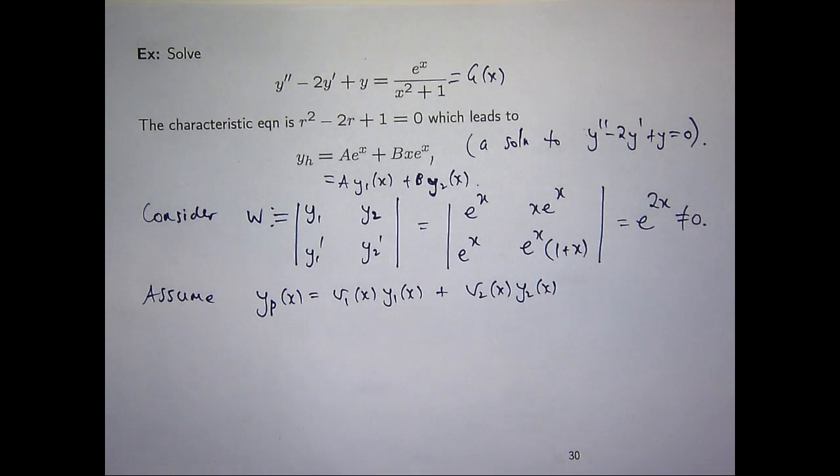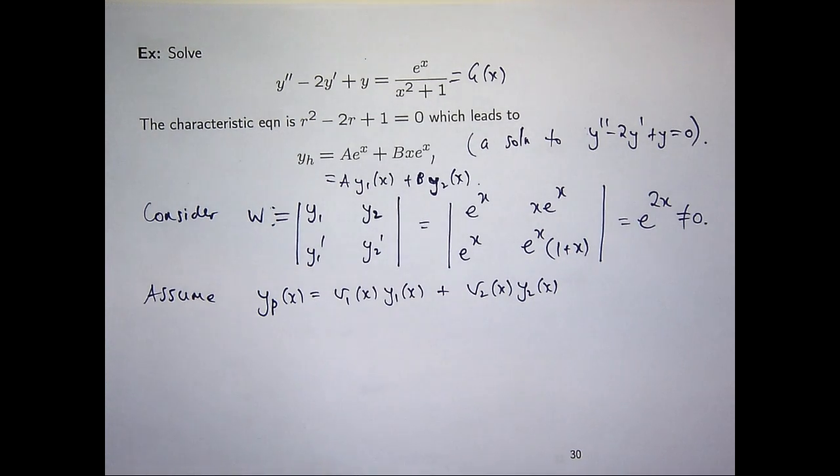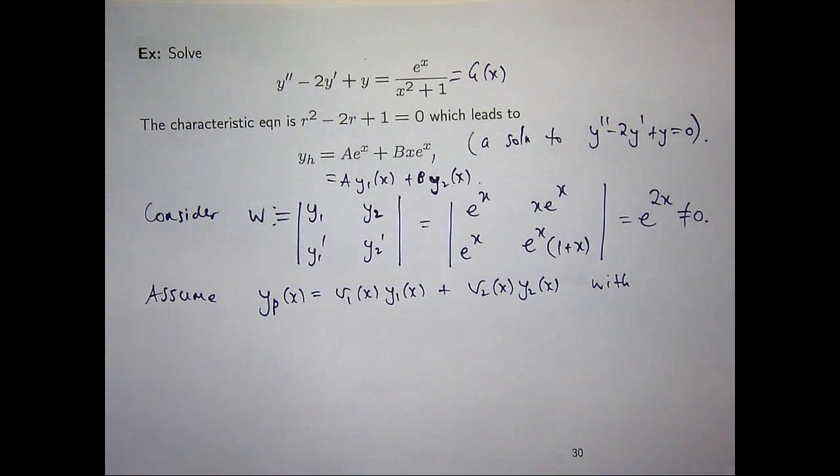So what we want to do is build these coefficient functions, v1 of x and v2 of x, and then I'll have my particular solution. Once I have my particular solution, I just add it to my homogeneous solution, and then I've got my general solution.